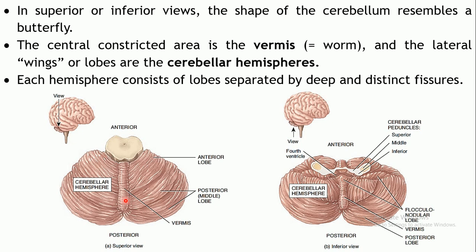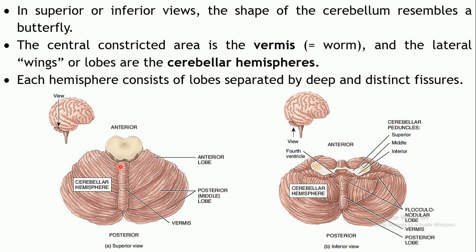And it has lateral wings, in comparison with the butterfly. So these lateral areas are called lobes. There are lobes into which these lateral areas are divided.